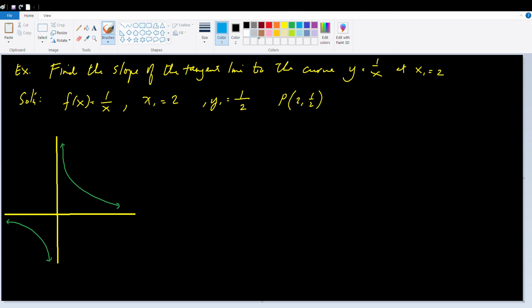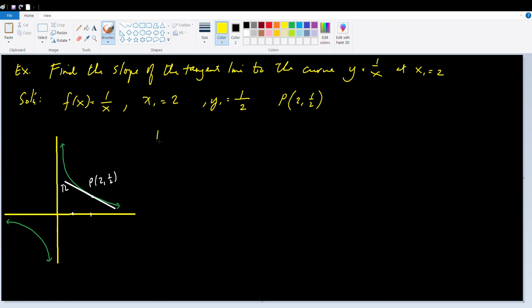When x is 2, y is 1/2. So the tangent line is somewhere here. There. That is our tangent line. The point is at 2, 1/2. Okay?